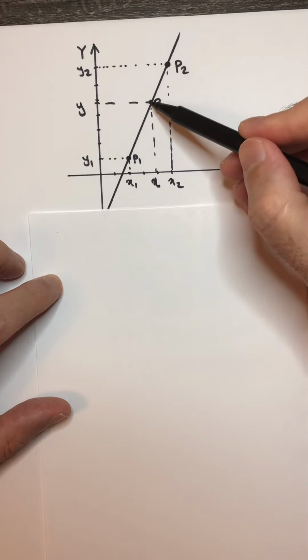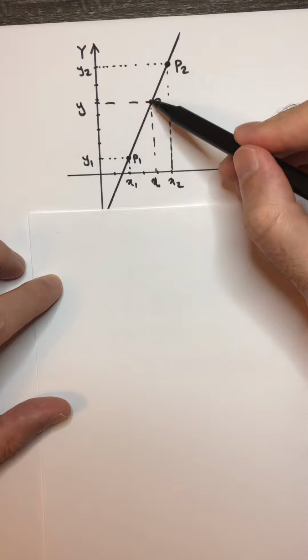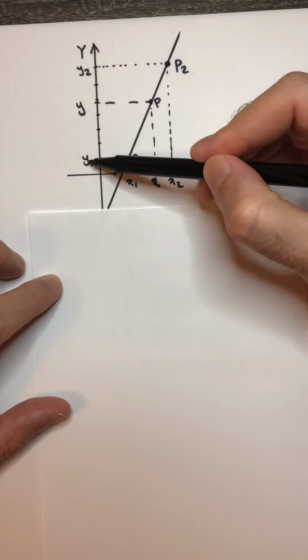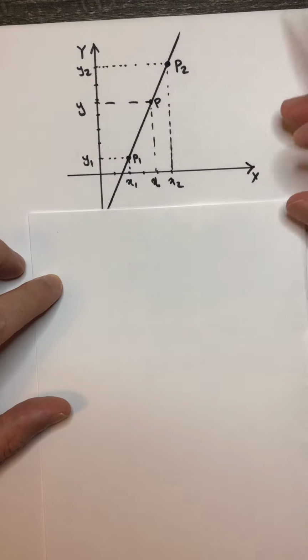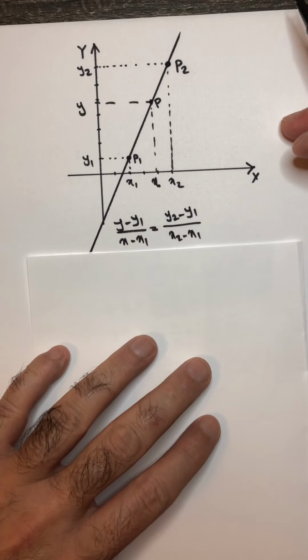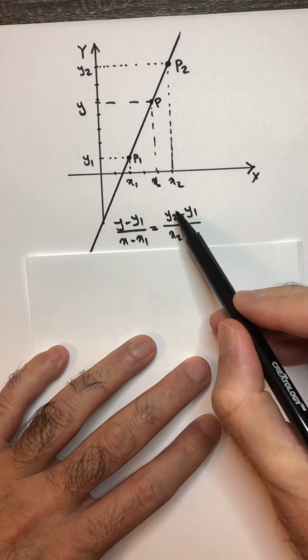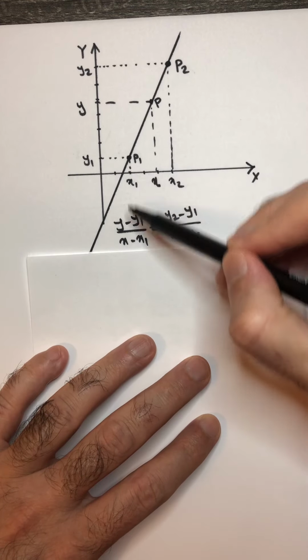So if we use P and P1 and find the slope of the line, then the slope of the line is y minus y1 divided by x minus x1. And since the slope of a straight line is fixed, we can say that these two values are equal. Either we find the slope of the line using P1 and P2, or using P and P1, it doesn't matter.